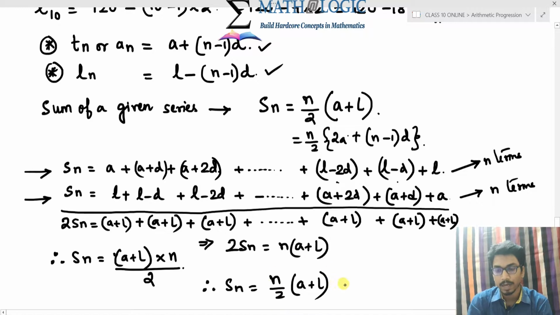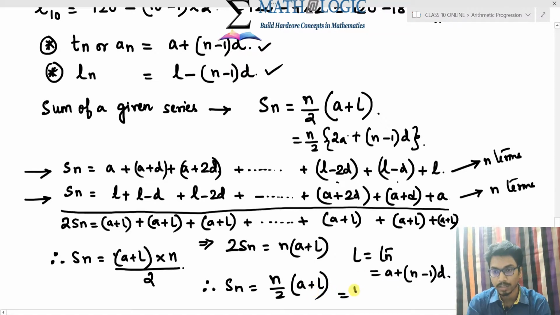Clear with this? Now see, as L is the nth term in this case, obviously it is Tn, and what is the formula of Tn? A plus (n minus 1) multiplied by D. So if you put this value in place of L, we will get n by 2 multiplied by (2A, this A plus this A, is equal to 2A, plus (n minus 1) multiplied by D).